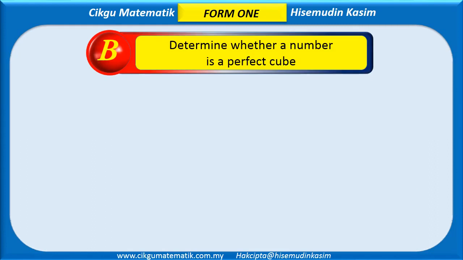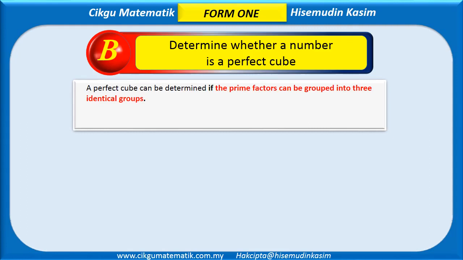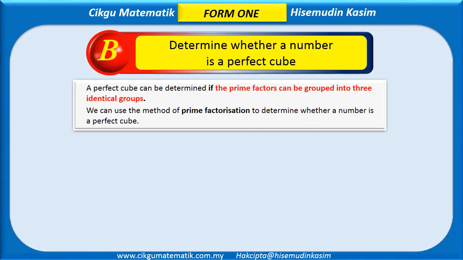B. Determine whether a number is a perfect cube. A perfect cube can be determined if the prime factors can be grouped into 3 identical groups. We can use the method of prime factorization to determine whether a number is a perfect cube.